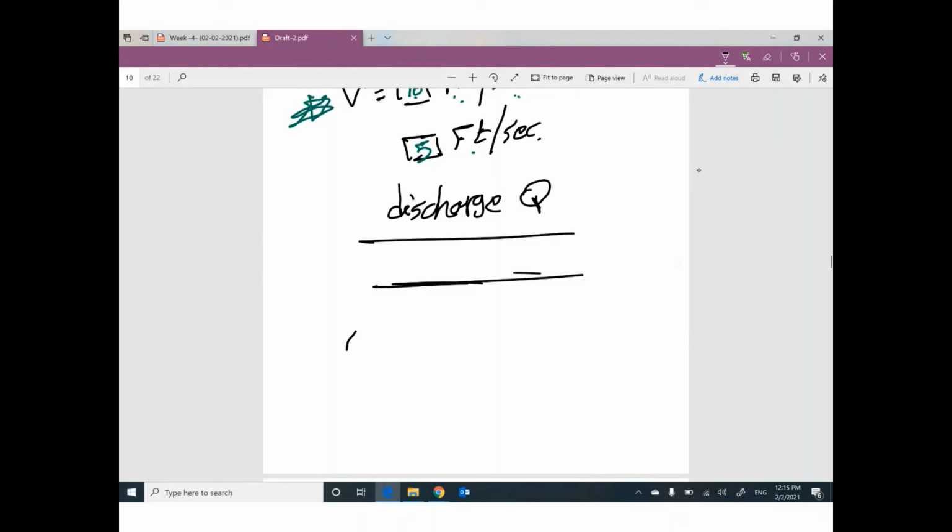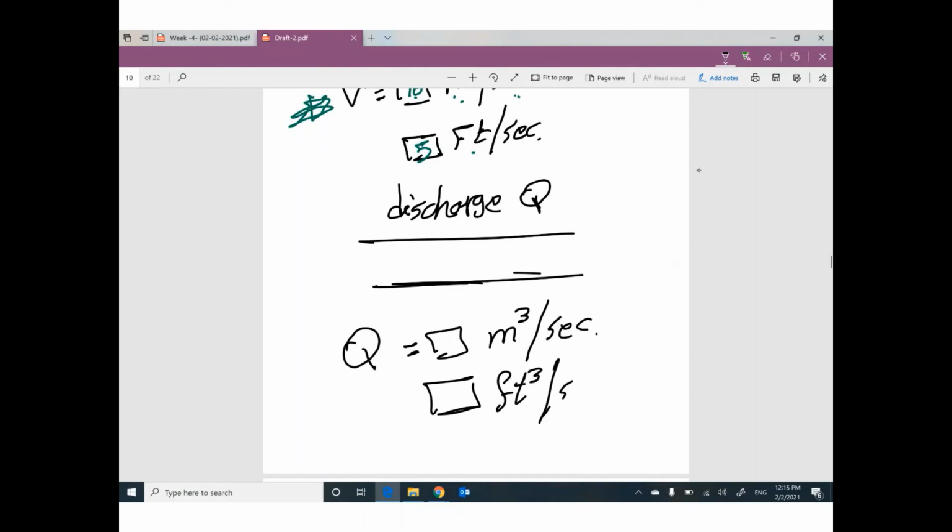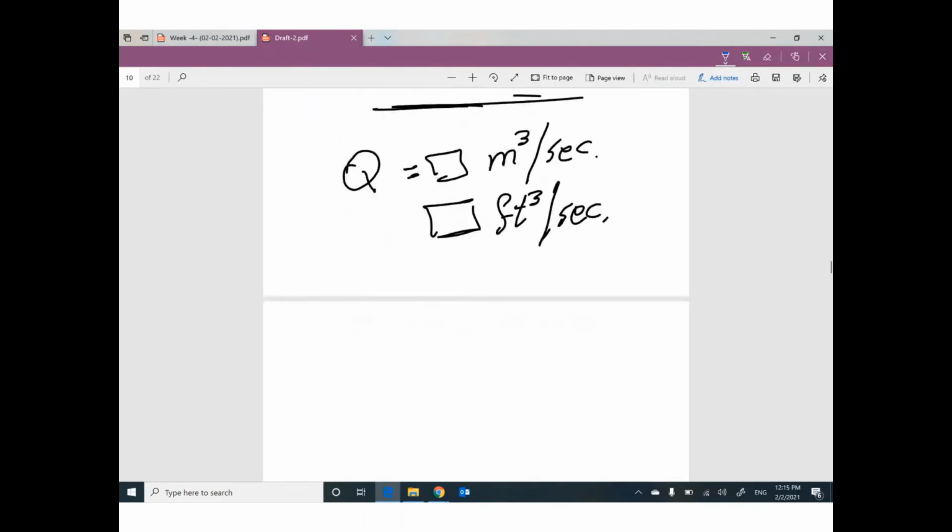This discharge equals a number of cubic meters per second or cubic feet per second. What does it mean? Guys, remember, cubic meter or cubic feet is a unit for volume.